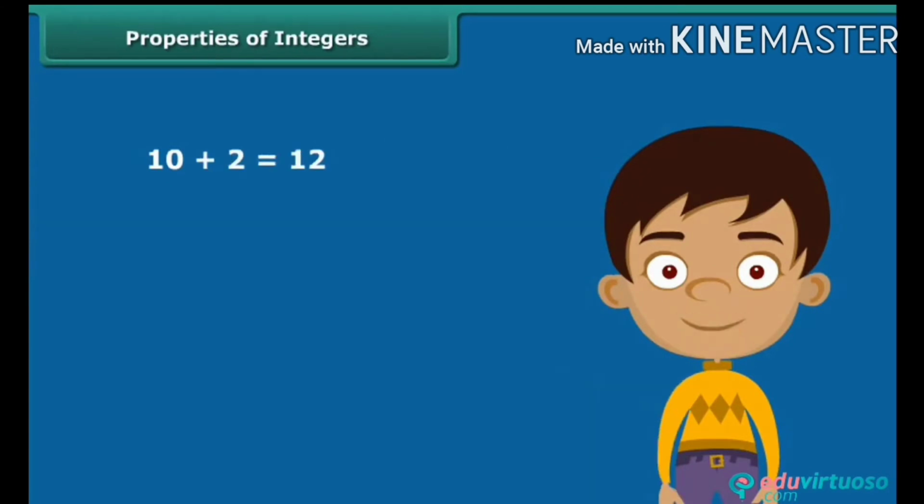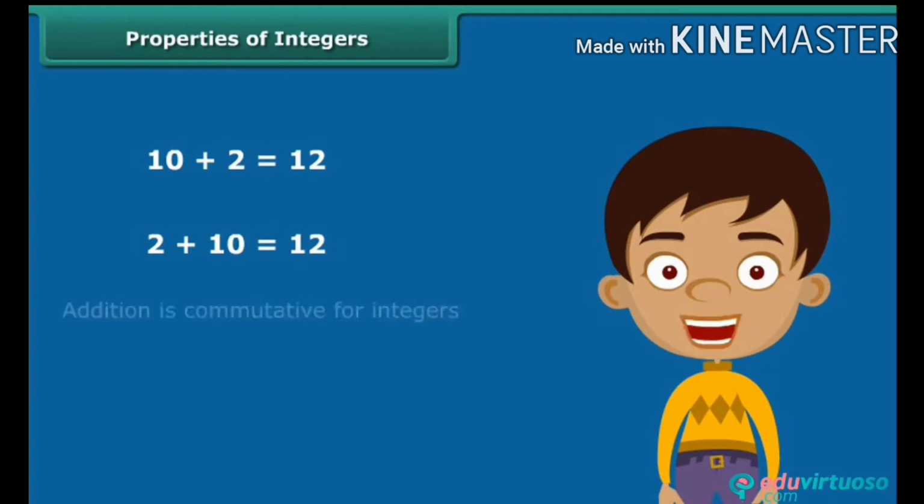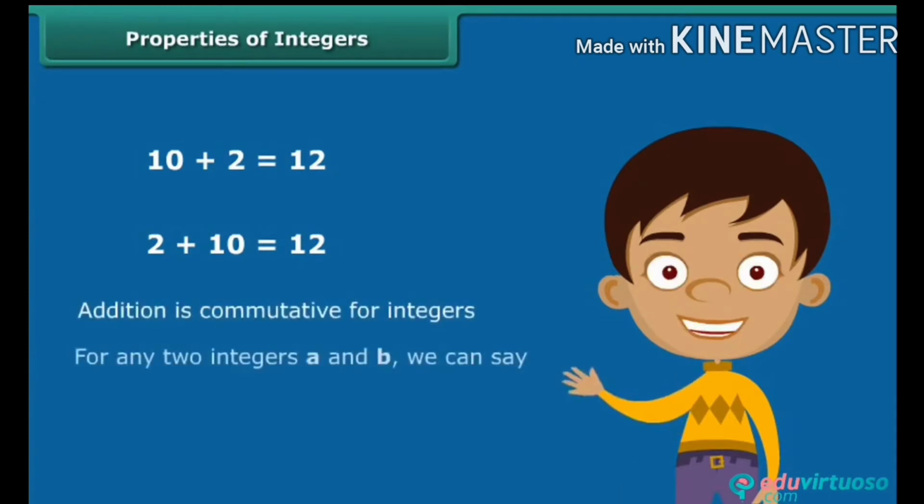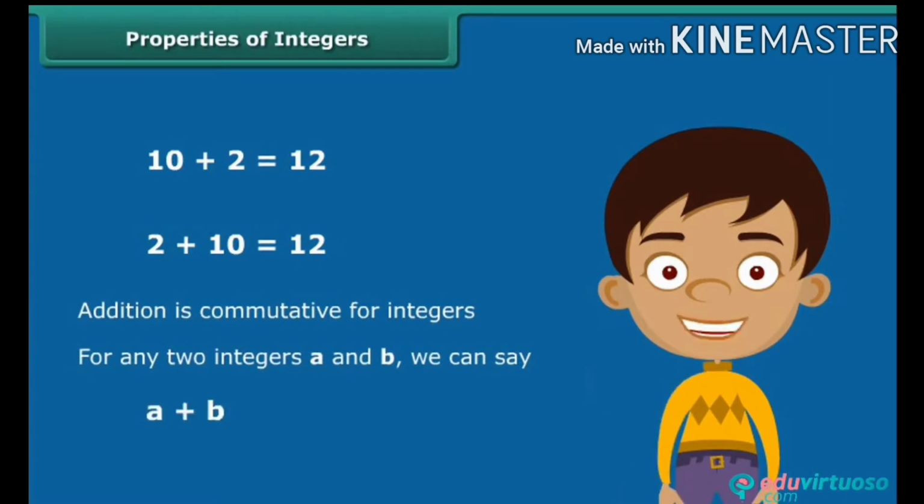Or we can write it as 10 + 2 = 12, and 2 + 10 = 12. In both the cases, we get the same answer. This means the integers can be added in any manner. Hence, addition is commutative for integers. In general, for any two integers a and b, we can say a + b = b + a.